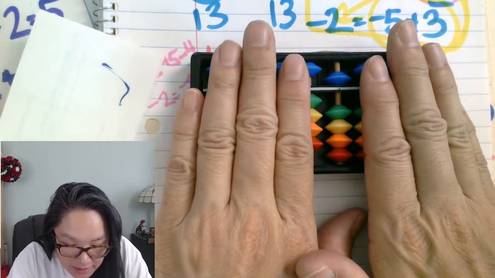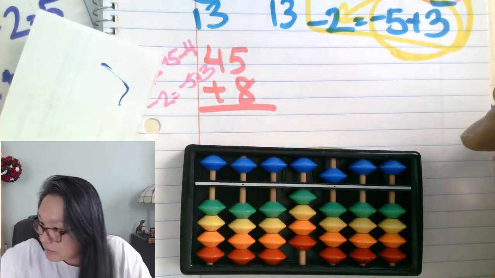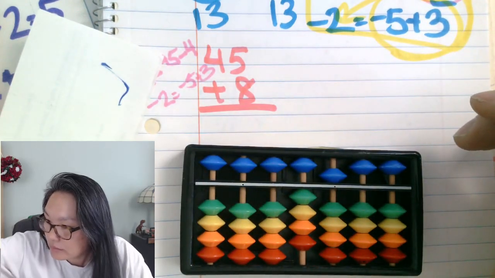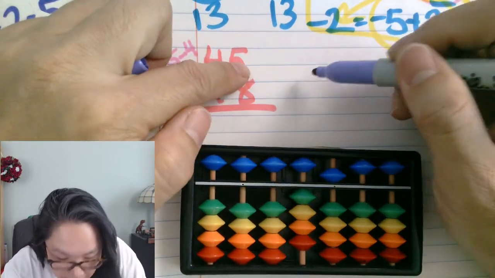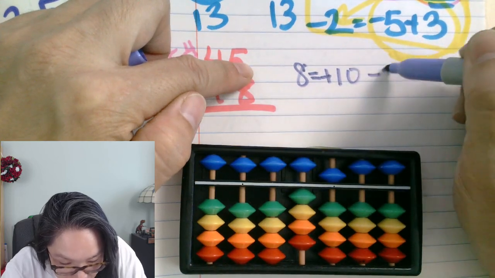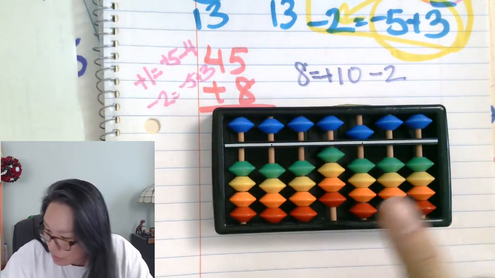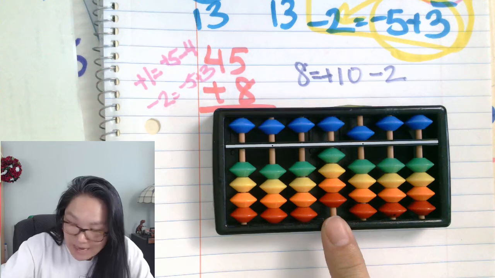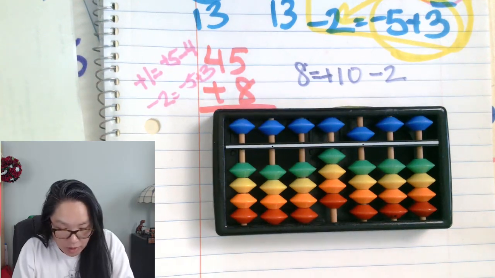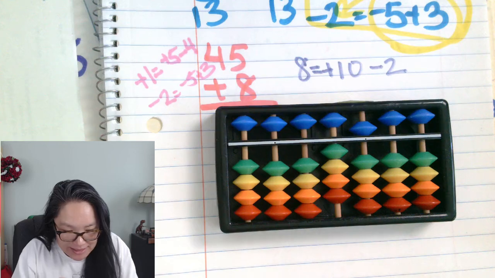To add the 8, there's not enough. We need to plus the 10 minus the 2. Now there's a problem. It's too much. There's too much going on. So we're going to plus the 10.